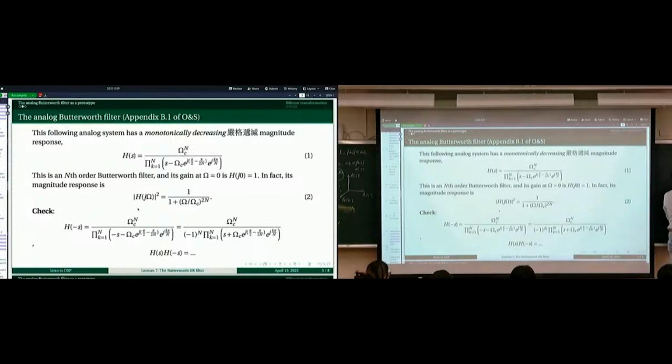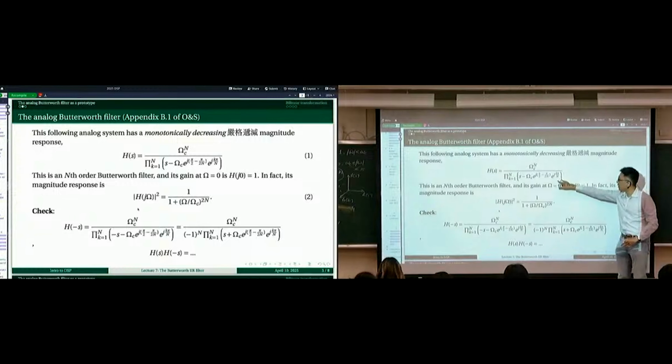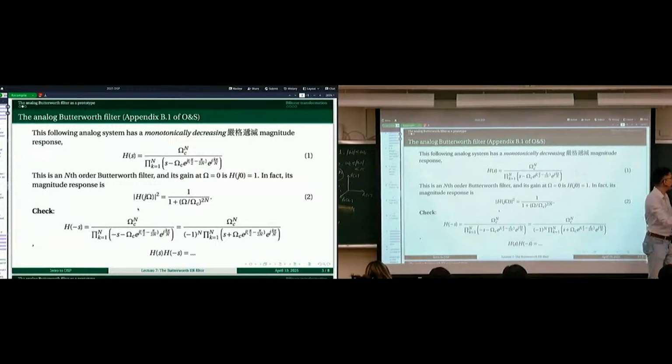S plane. So why do we place the poles right here? And they are all equally spaced by pi divided by n. That's the difference in angle, okay? So like every two of them, that's pi divided by 8, or 22.5 degrees.